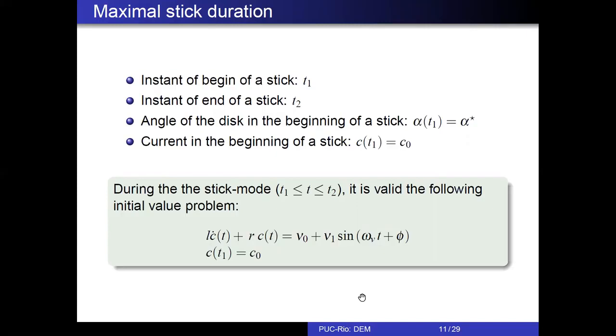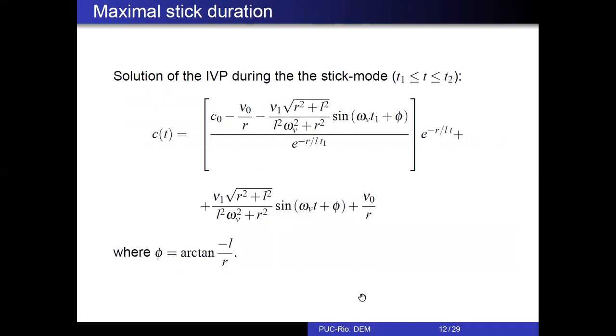We call the angle of the disc at the beginning of a stick, alpha in t1, alpha star, and the current at the beginning of a stick, C in t1, C0. The solution of the initial value problem during the stick modes, that is, t between t1 and t2, is given by this expression.